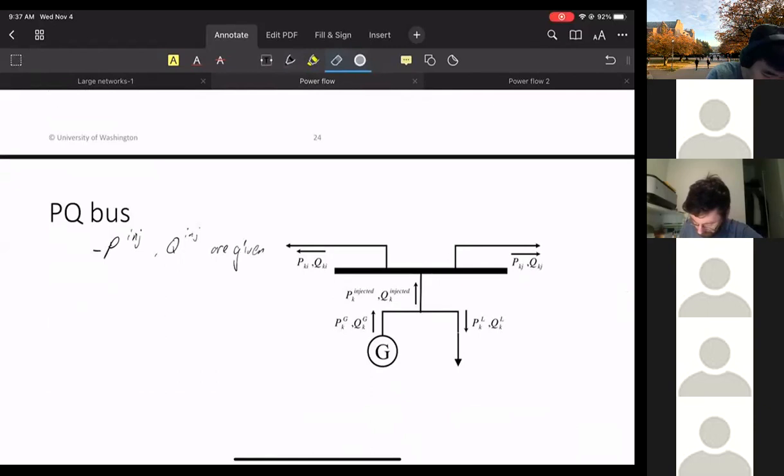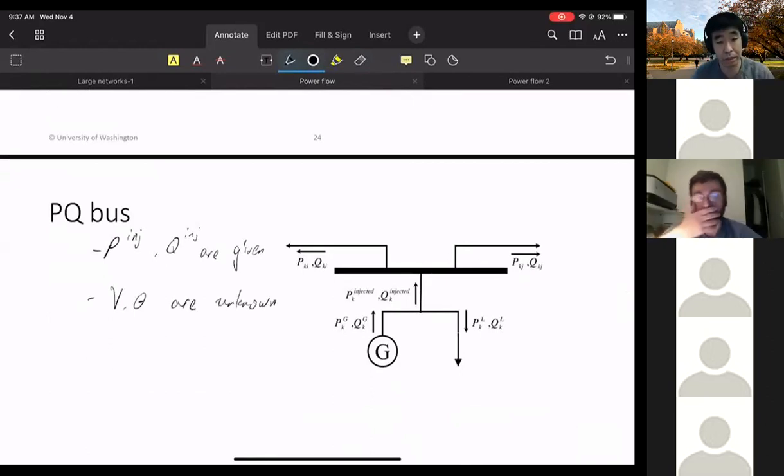These are given information. V and theta are unknown. We don't know V and theta, we know P and Q. The goal is to determine the values of V and theta once we plug this P and Q into the system equations. This is what we'll try to do.